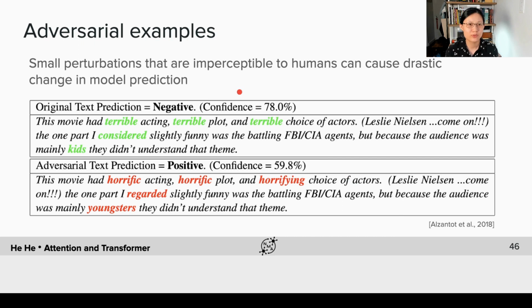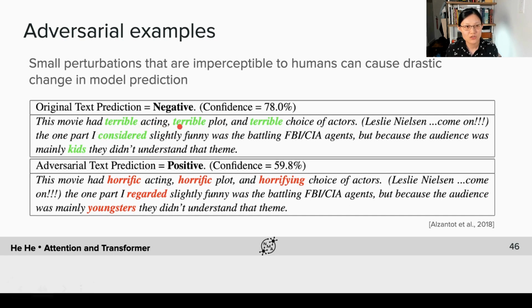Another type of brittleness in these models is revealed by adversarial examples. Adversarial means that there are some perturbations that are imperceptible to humans, but they can cause drastic change in model prediction. In this example, again, it's sentiment classification.